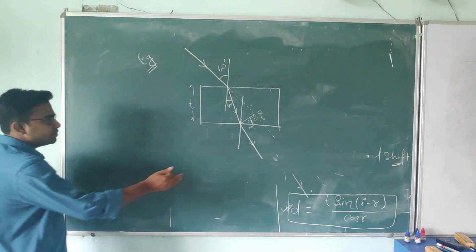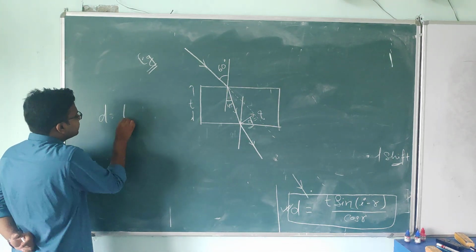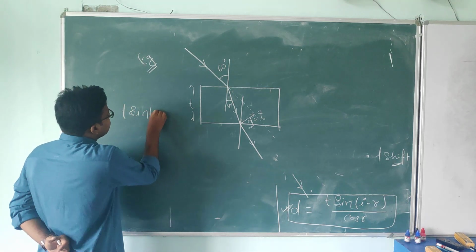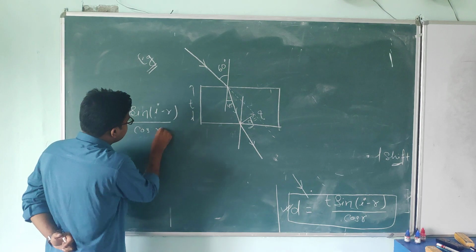So what will you do? You will use that formula. d is equal to t times sin(i minus r) divided by cos r.